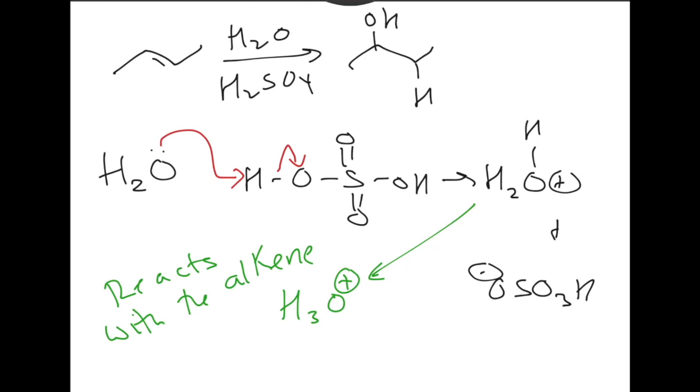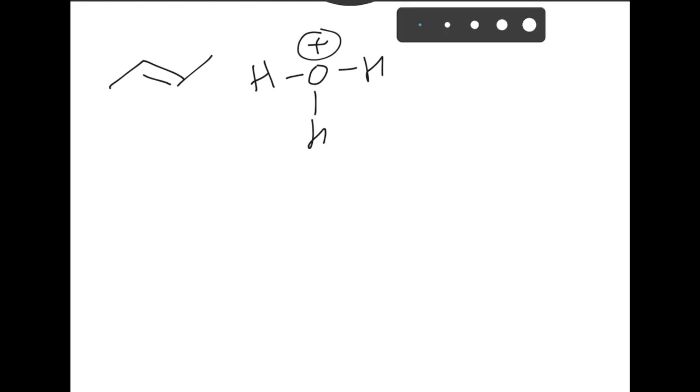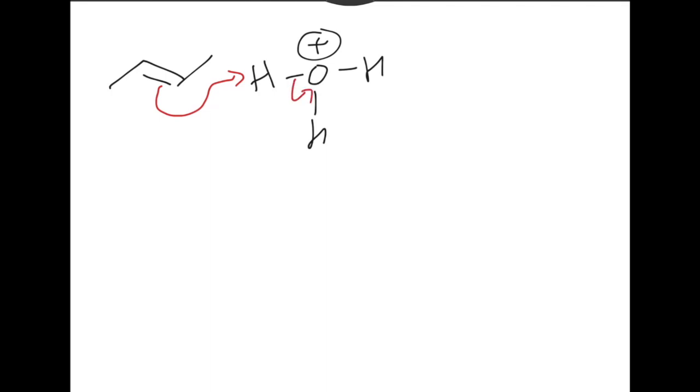So now we can take our alkene. I'm going to draw out the H3O plus. Now here, the electrons from the double bond attack a hydrogen and push electrons onto the oxygen.